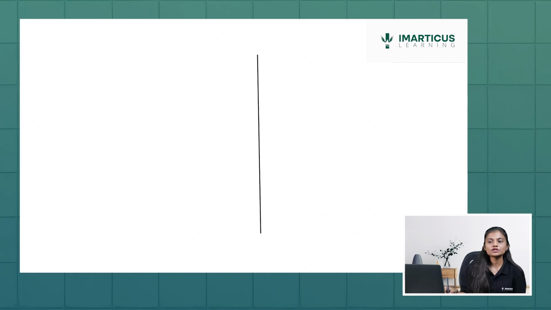So what is the meaning of functions? When I talk about a function, it's functioning something. Functioning something means doing some task, doing some approach or doing some calculations in the background. So that is what a function is.